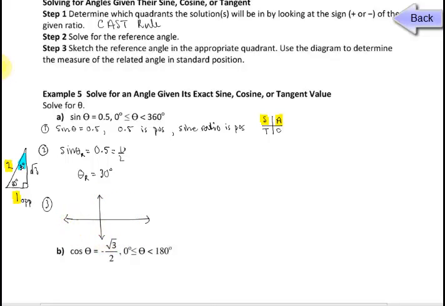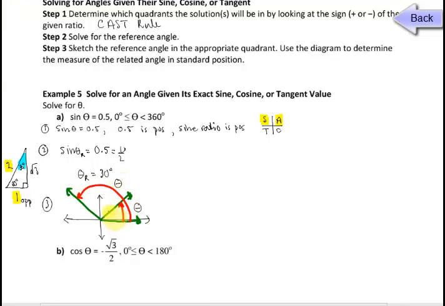Okay, so whatever our first angle is, it's in the first quadrant. And we also have a second angle which is in the second quadrant. So theta can either be here or here.